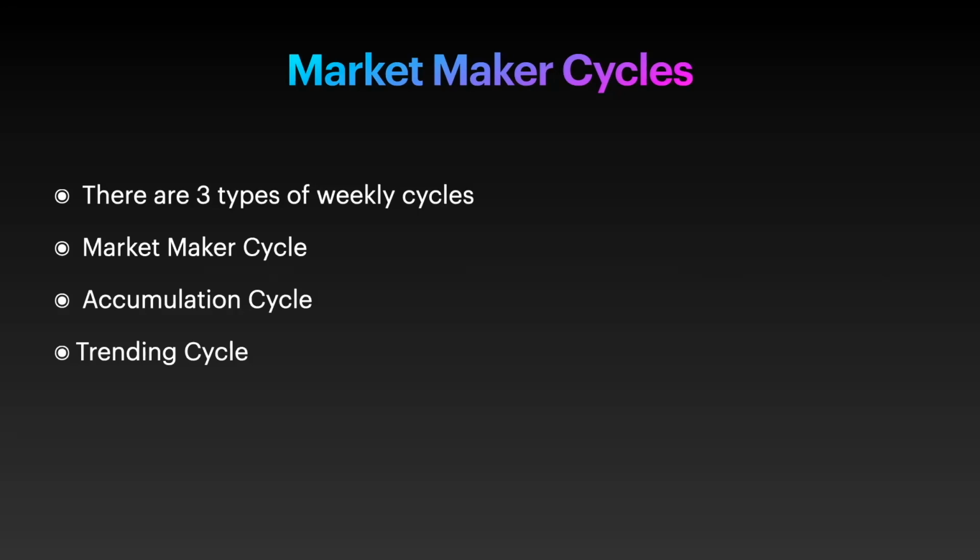Okay, so let's take a look at what some of these cycles actually look like on the chart, so you can get a better idea as to what I'm talking about.